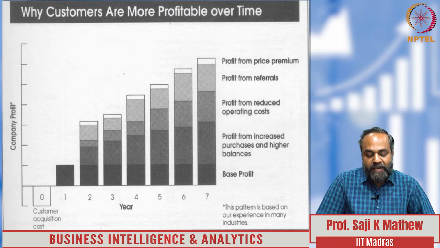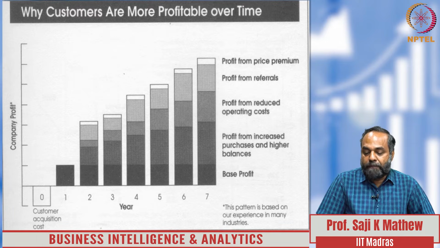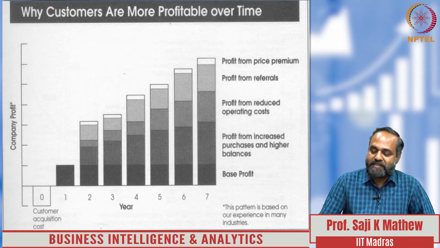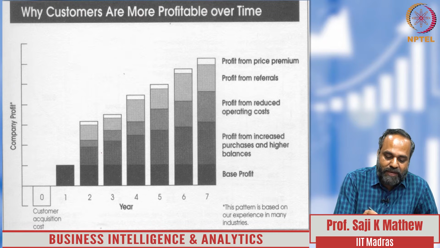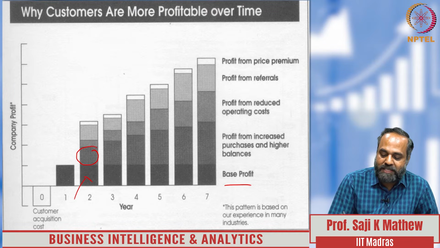From the 0th year to the first year and second year, the customer actually does more transactions and contributes more to the business. That is the second segment that you can see here. This is the basic profit, as explained here.